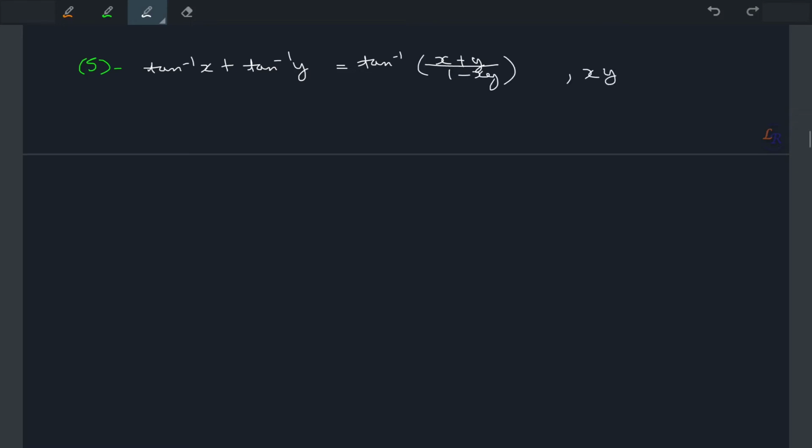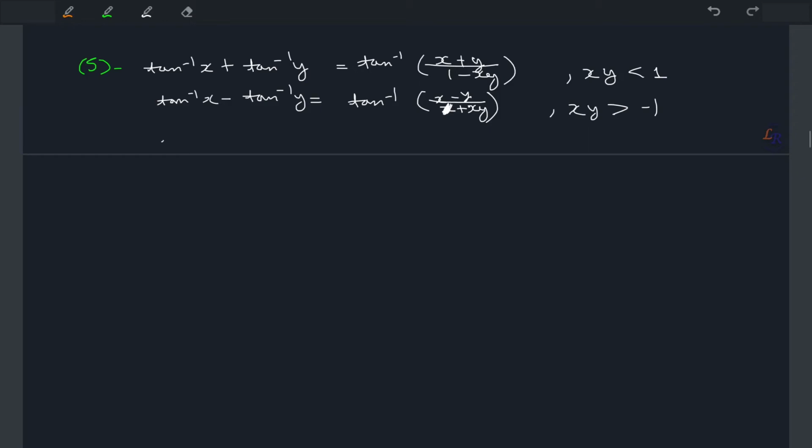Of course, it is defined for xy less than 1. If it is equal to 1, then it will become infinite. The other one is where you take the minus: tan inverse x minus tan inverse y is equal to tan inverse of x minus y upon 1 plus xy, where xy is obviously greater than minus 1.